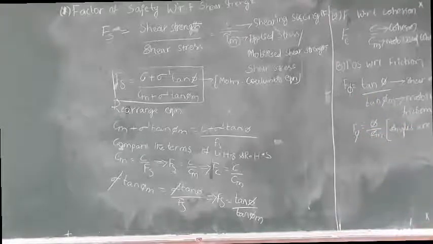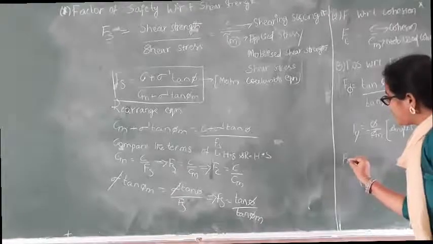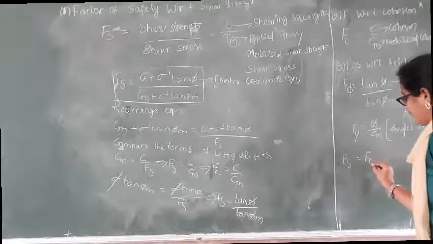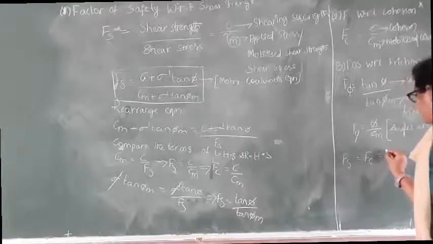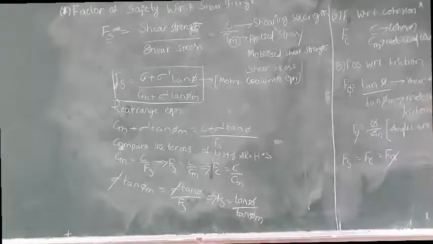Most of the times, factor of safety with respect to shear strength will be equal to factor of safety with respect to cohesion, and factor of safety with respect to frictional angle will be equal.